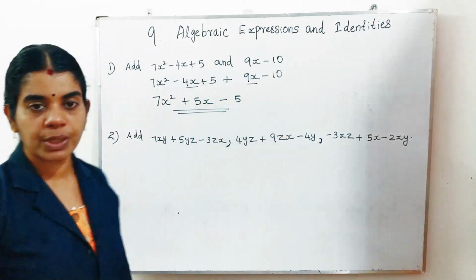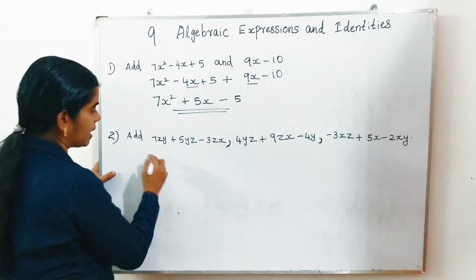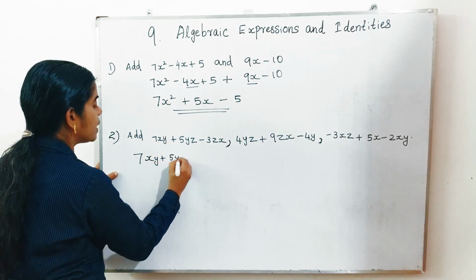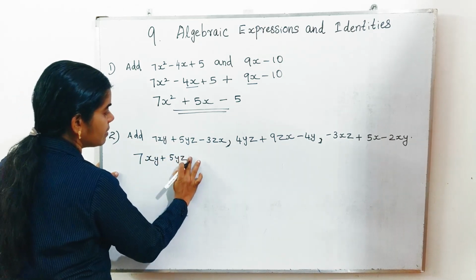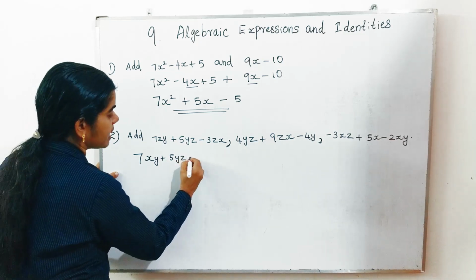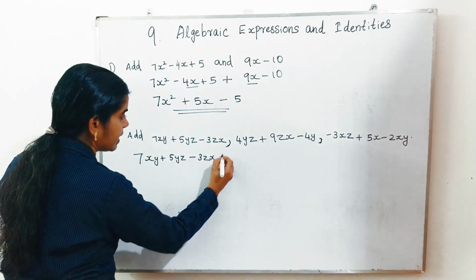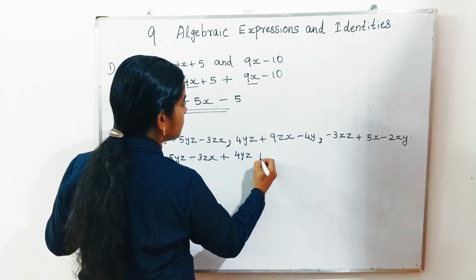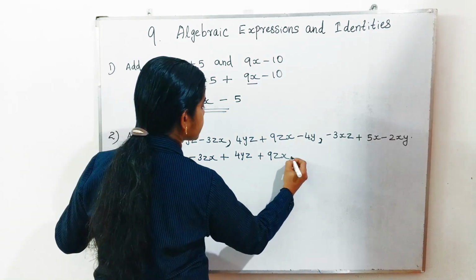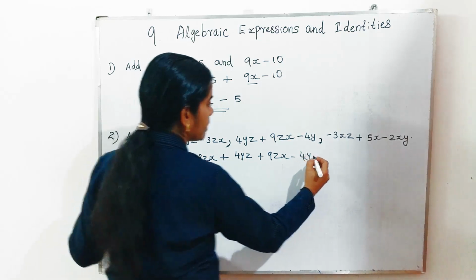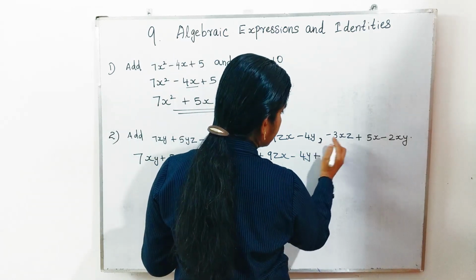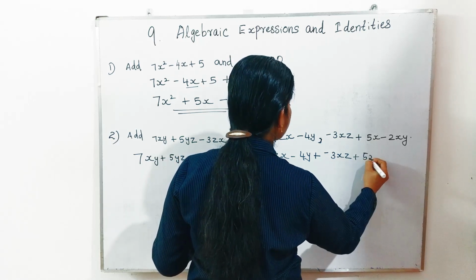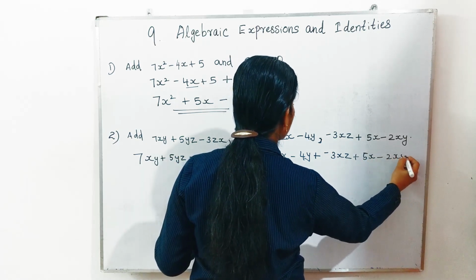All these you want to add, so in between we can put the plus sign. 7xy plus 5yz minus 3zx, then plus 4yz plus 9zx minus 4y, plus, what is the sign here? Minus 3xz plus 5x minus 2xy.